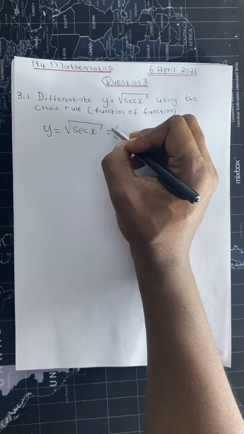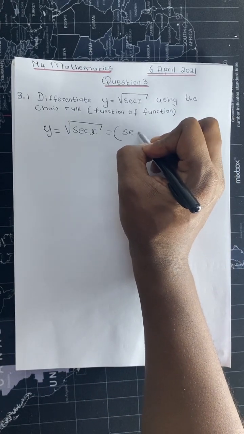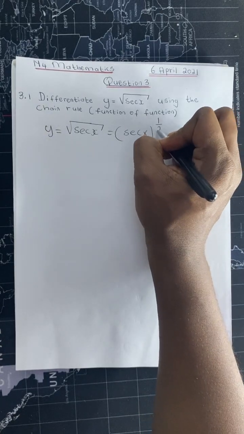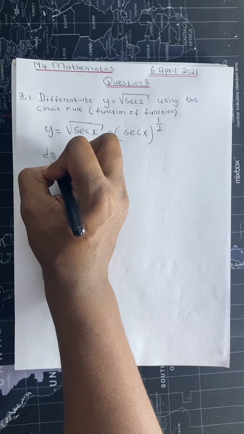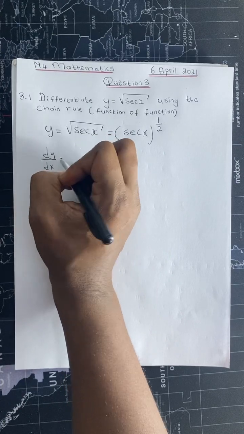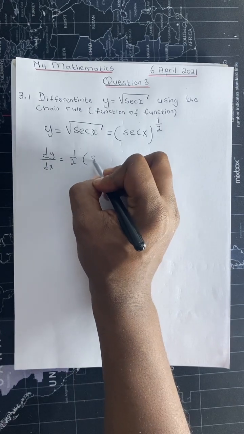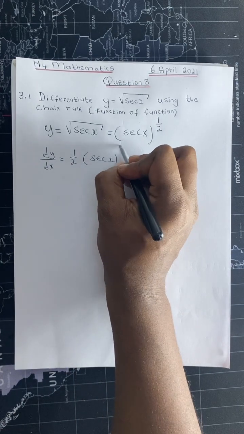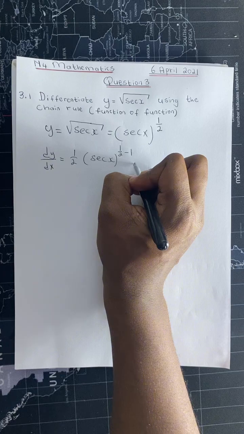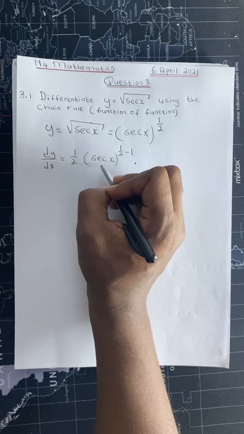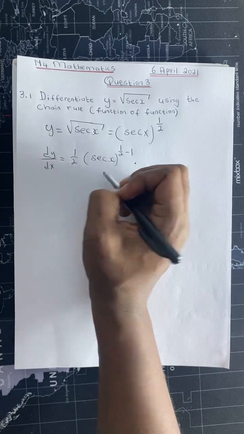For simplicity's sake, we write this as sec x to the power 1 over 2. So dy over dx will be equal to 1 over 2 into sec x to the power 1 over 2 minus 1. Now that we have differentiated the parentheses, we also have to differentiate the inner function.